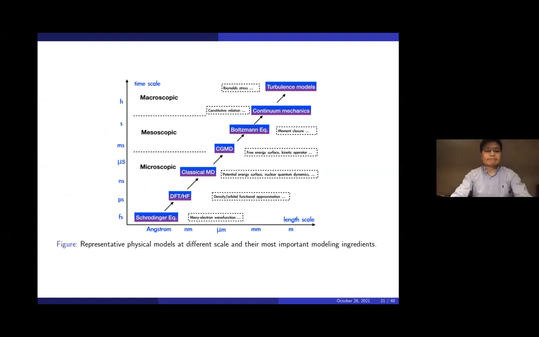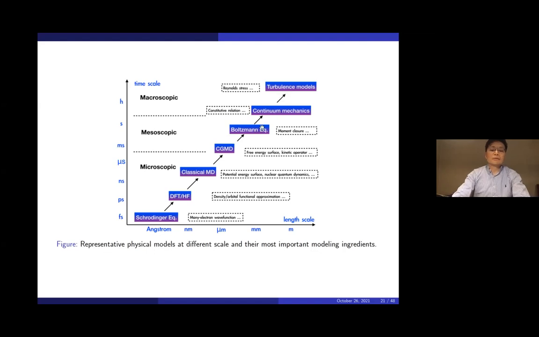Okay, now, I gave you an example of classical molecular dynamics, but actually over the hierarchy of fundamental physical models, from basic Schrödinger equation to density functional theory, to classical molecular dynamics, to coarse-grained molecular dynamics, to Boltzmann equations used in aerospace engineering, to continuum mechanics such as Navier-Stokes turbulence and so on, this is the whole hierarchy of fundamental physical principles.